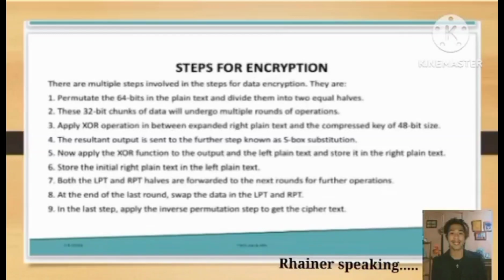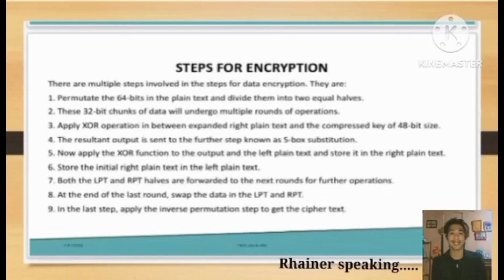Apply XOR operation between the expanded right plaintext and the compressed key of 48-bit size. Number 4. The resultant output is sent to a further step known as the S-box substitution.